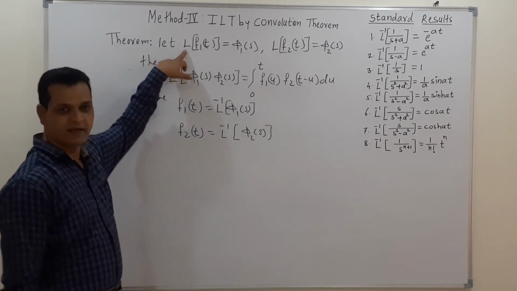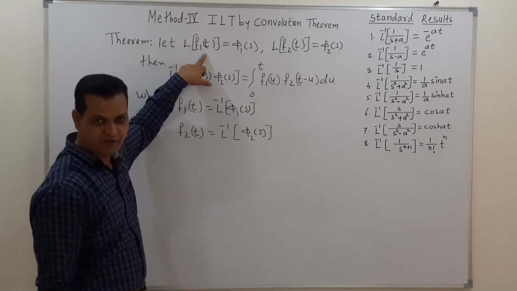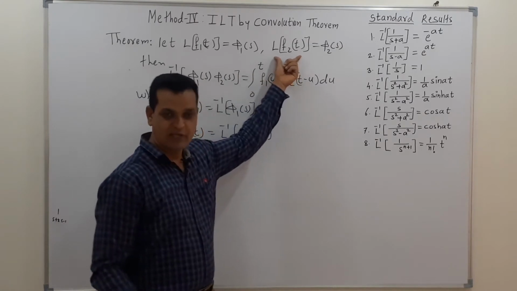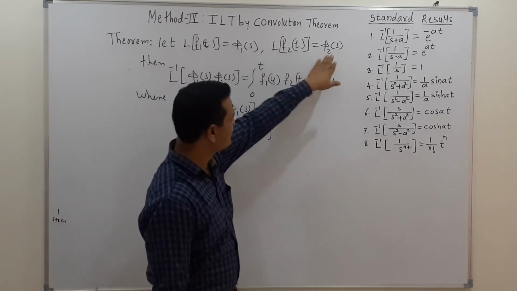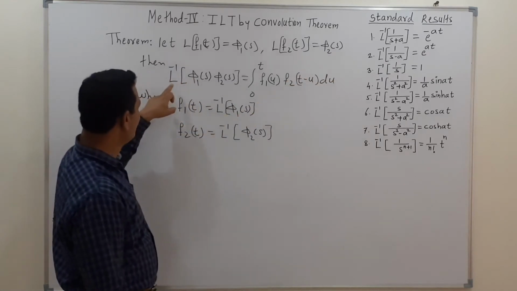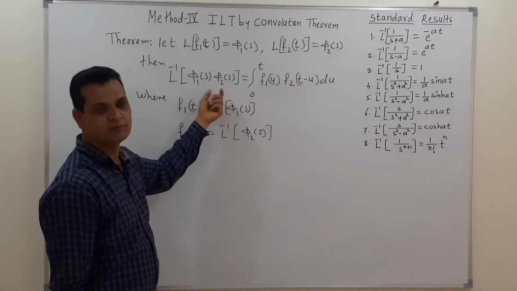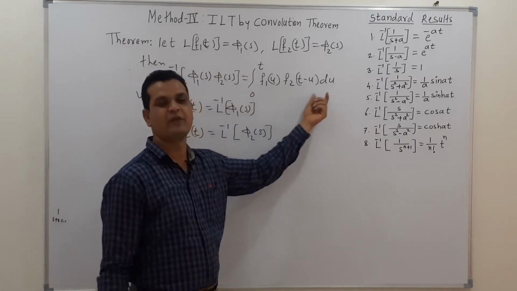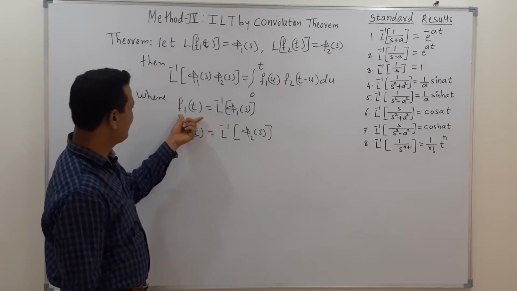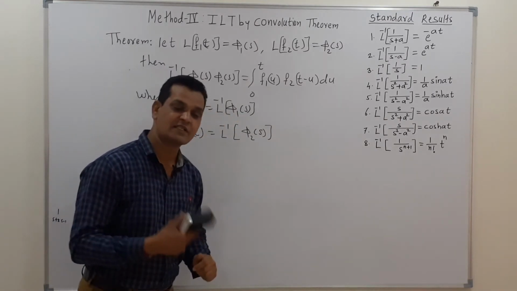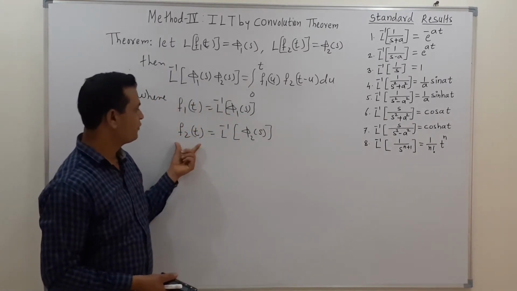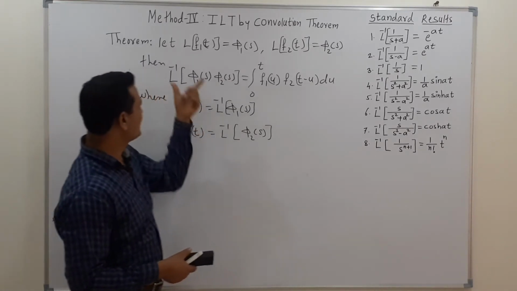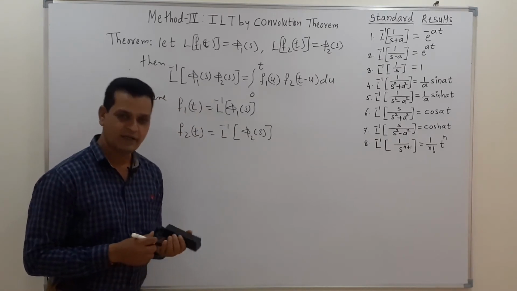If we find the Laplace transformation of the first function f1 of t, we denote it by phi 1, and the Laplace transformation of the second function f2, we denote by phi 2. Then the inverse Laplace transformation of phi 1 phi 2 is equal to the integration from 0 to t of f1 of u f2 of t minus u du, where f1 is obtained by taking the inverse Laplace transformation of phi 1 and f2 by taking the inverse Laplace transformation of phi 2.